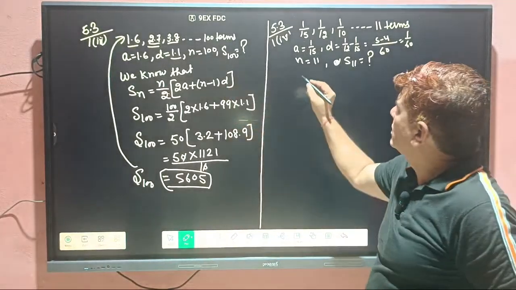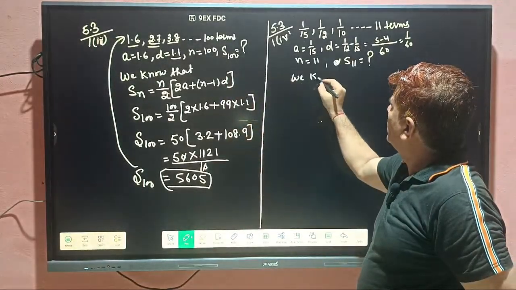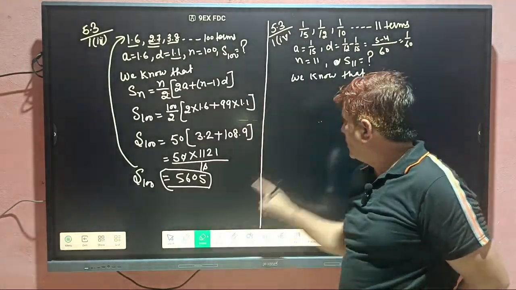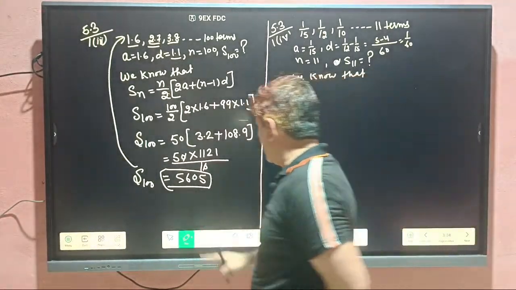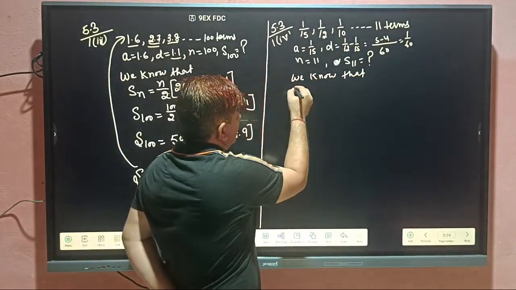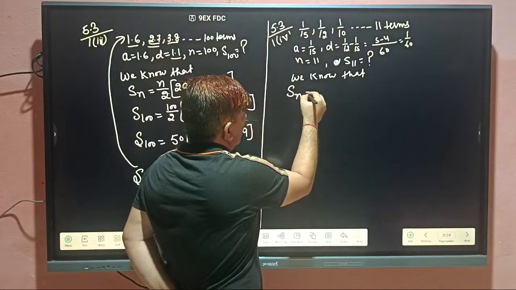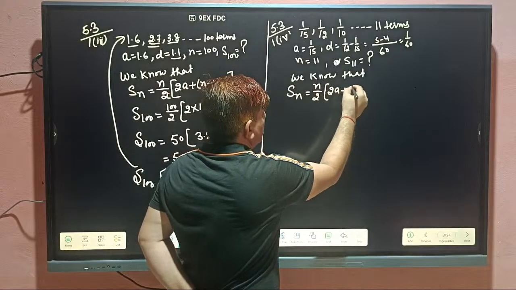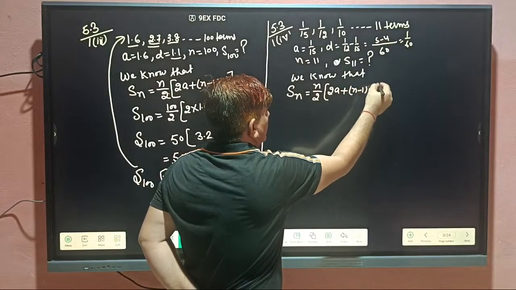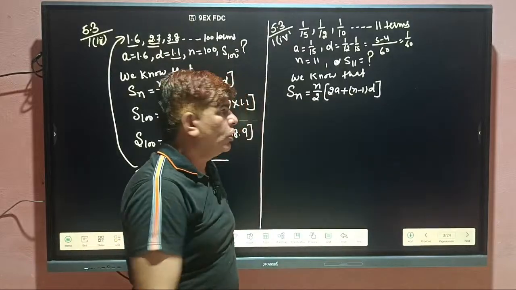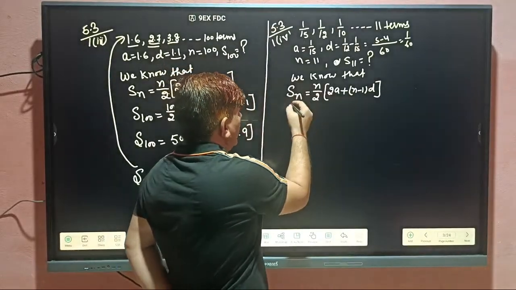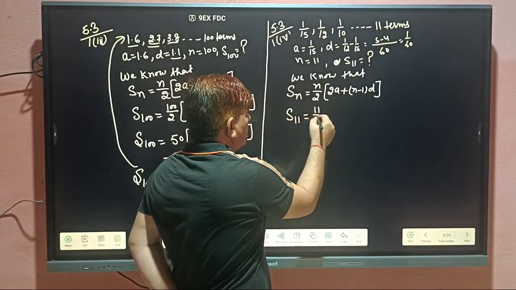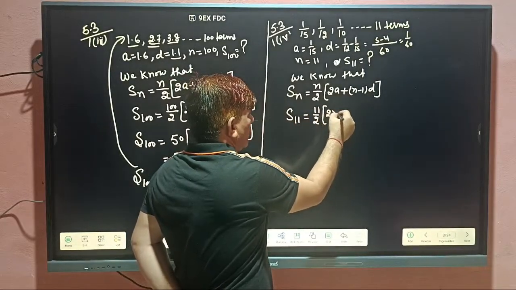Same procedure like this. We know that Sn equal to n by 2, 2a plus n minus 1 into d. But n is what here? 11. So I can write S11, n value 11, 11 by 2. I can write 2, what's your A?